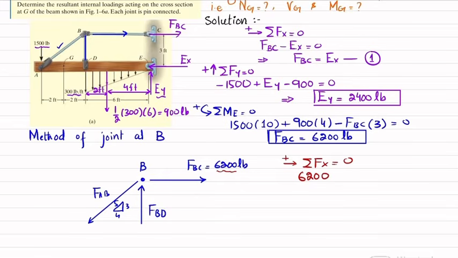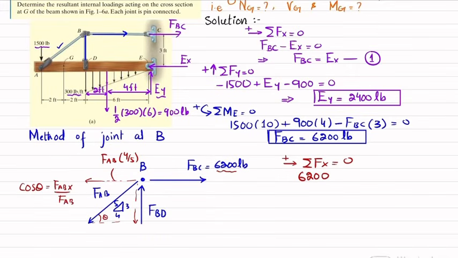Now this force FAB will have two components, one along the x direction and one along the y direction. This component will be equal to FAB into 4 divided by 5. How? Because you can see that this is theta, so we take cos theta equal to the FAB x component divided by FAB.